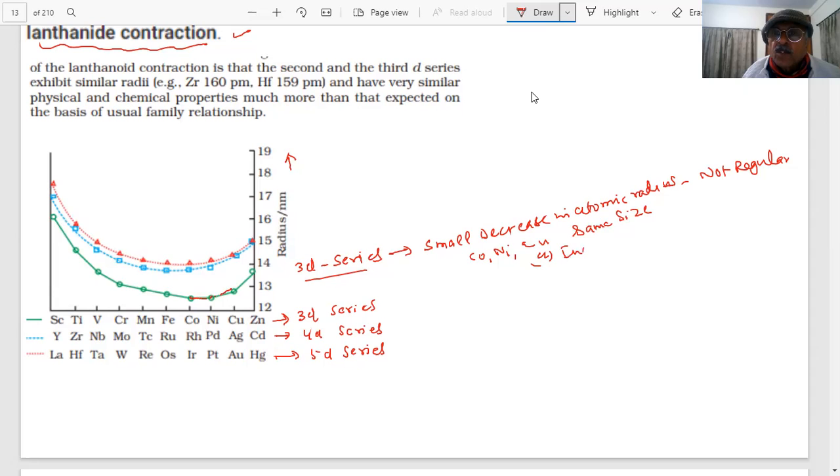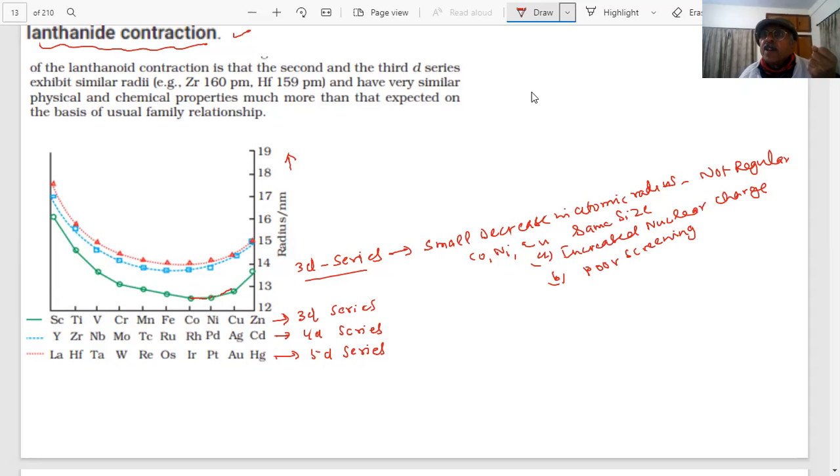One was increased nuclear charge. And second was, students, the poor screening. If screening is more, what happens? If the screening is more, students, then the outer electron is screened.